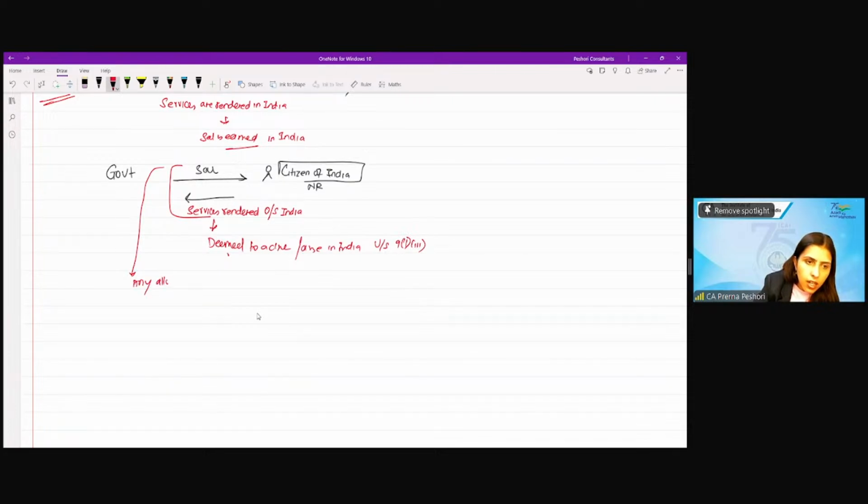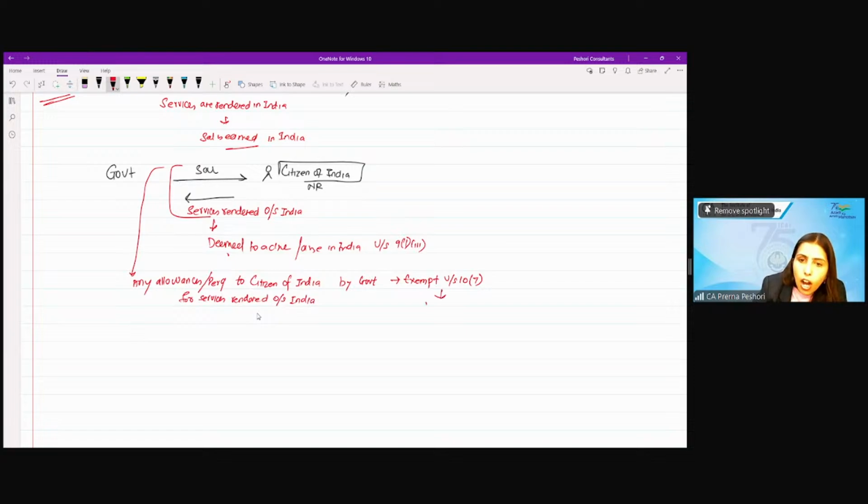So any allowances or perks paid to the employee by the government, or basically you can write citizen of India, by the government, are exempt under section 10(7). This is for services rendered outside India, right?